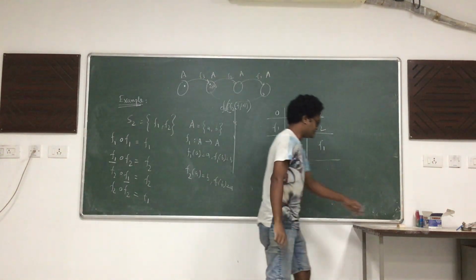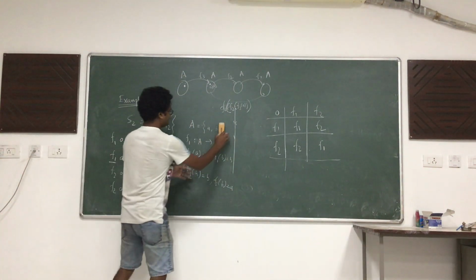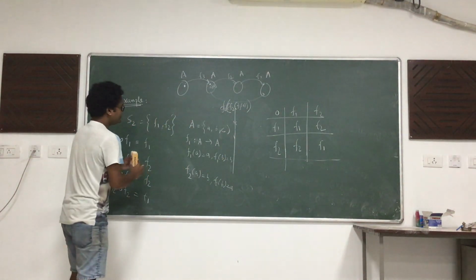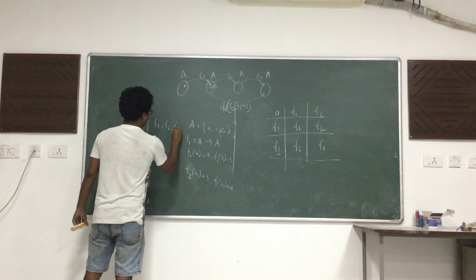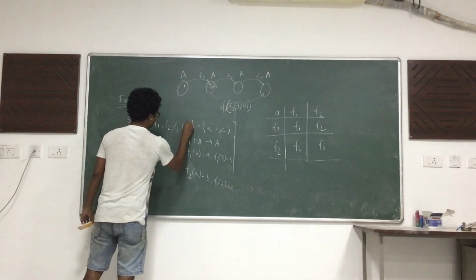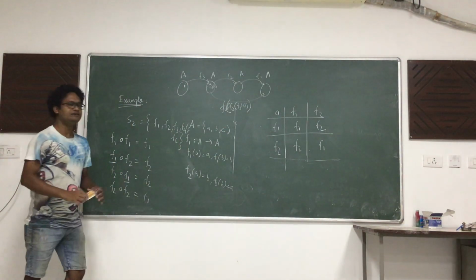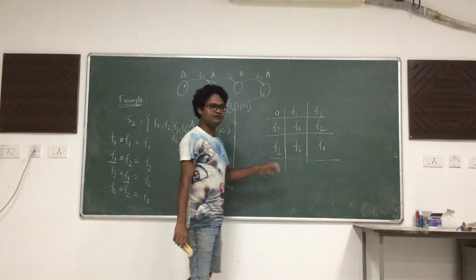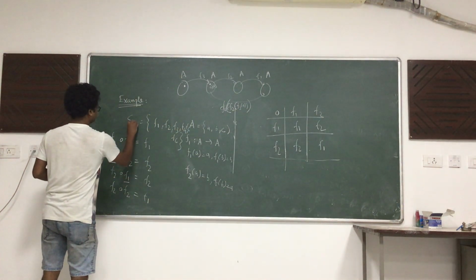We can do the same if A has 3 elements. Then we can consider F3, F4, F5 and F6, a total of 6 elements here. The table will be bigger, but we can always do that for the S3 case.